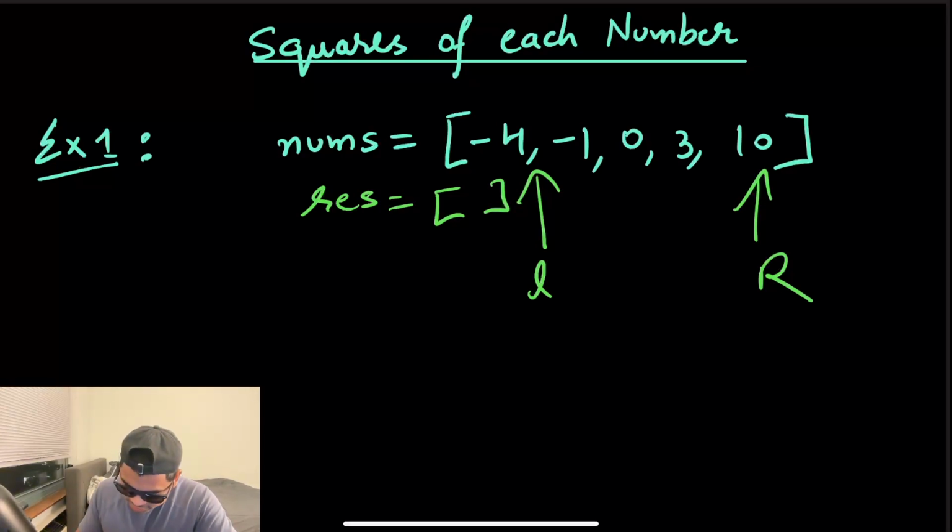But anyway, right now what we're going to do is square both these numbers up and check which one is smaller. Let's check their absolute value or maybe their squared value. Doesn't really matter. Just square both these numbers up, and whatever is smaller, insert that into our result.